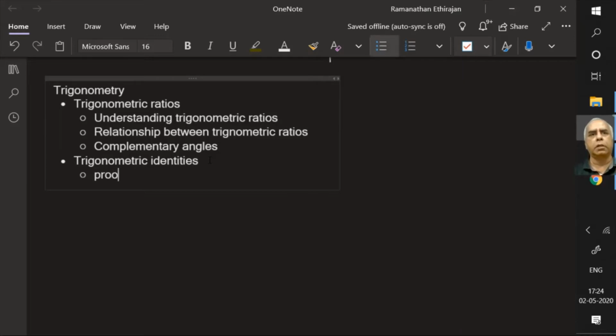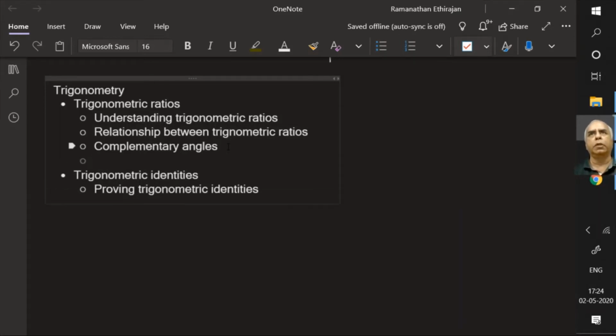trigonometric identities. So we will discuss the proving of trigonometric identities. Then similar to complementary angles in the previous subtopic, we need to discuss about some specific angles also.